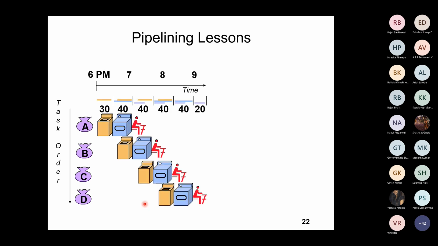Here is the summary of the lessons. So it does not help the latency of a single task, because the first user would take the 90 minutes as before, but it helps have a significant improvement in emission rate or finish rate. So therefore, the throughput of the entire workload is improved.